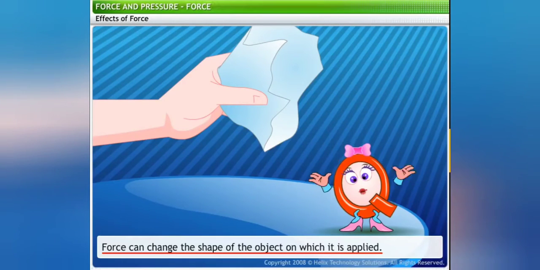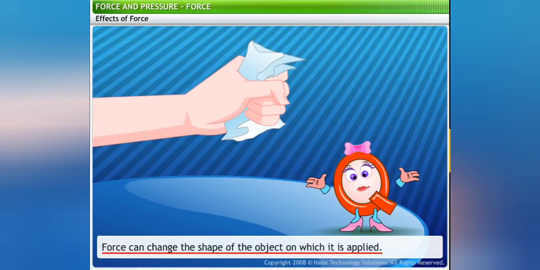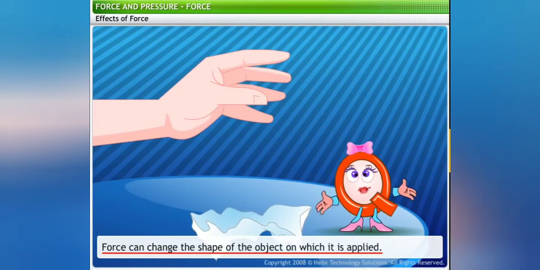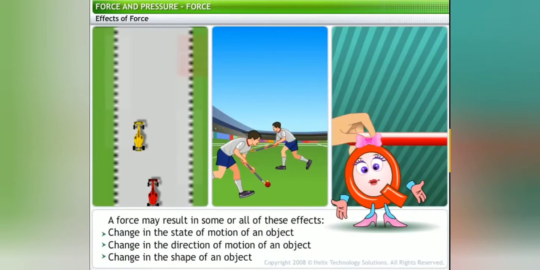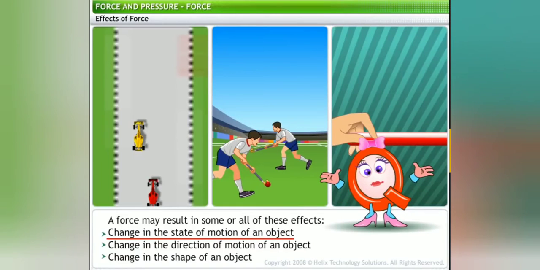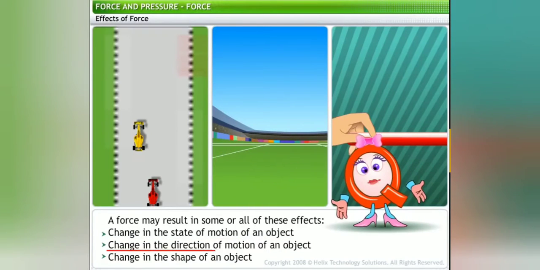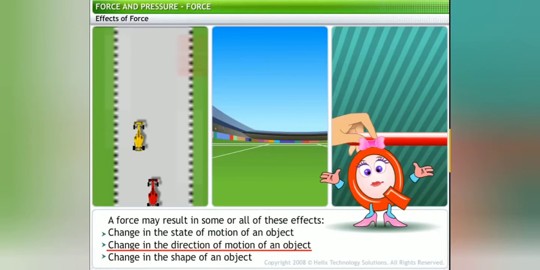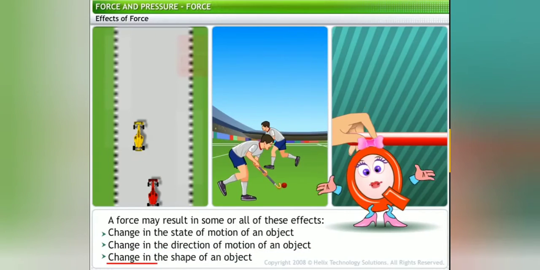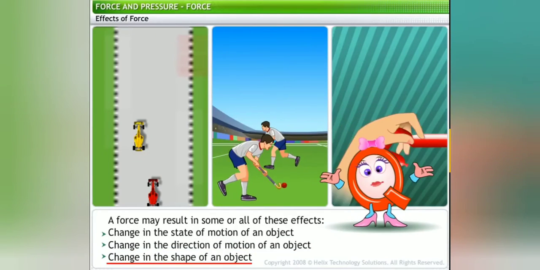That is, what happens when you crumble a piece of paper? The shape of the paper changes, right? To summarize, a force may change the state of motion of an object, change the direction of motion of an object, or change the shape of an object.